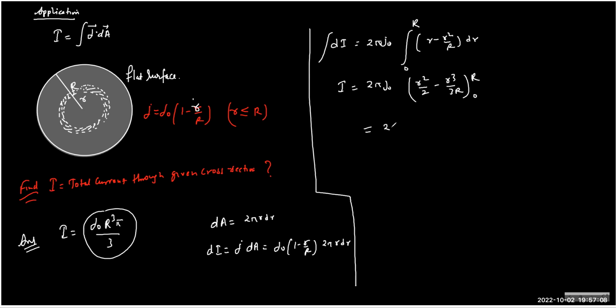Sorry, it is R square by 6. So R cube is not right, it is R square. Yes, that only. The answer is correct.